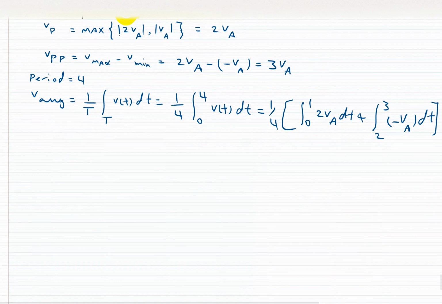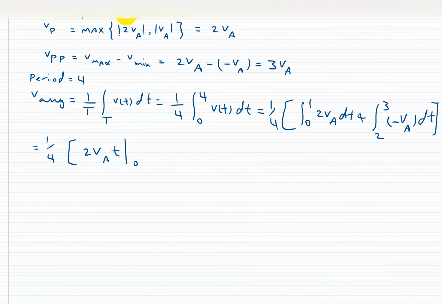We need to find this integral. So it's equal to 1/4 of the integral of 2VA dt, which of course is 2VA t, so we will have 2VA t from 0 to 1. For the next one, minus VA t from 2 to 3.